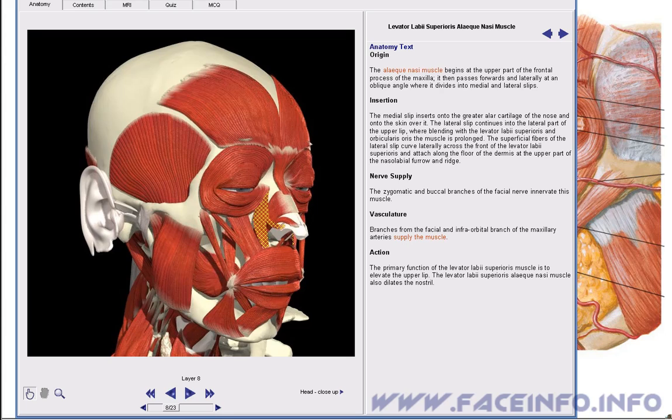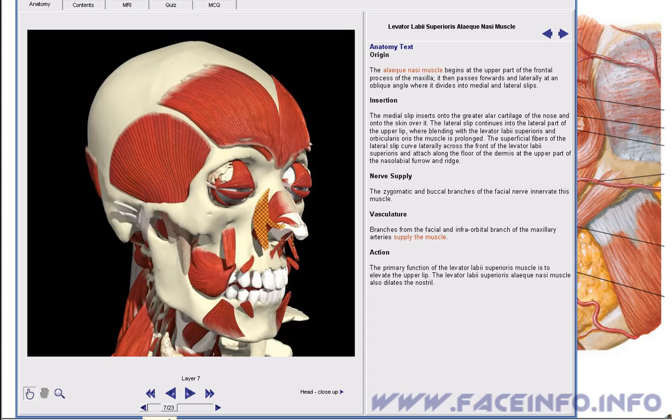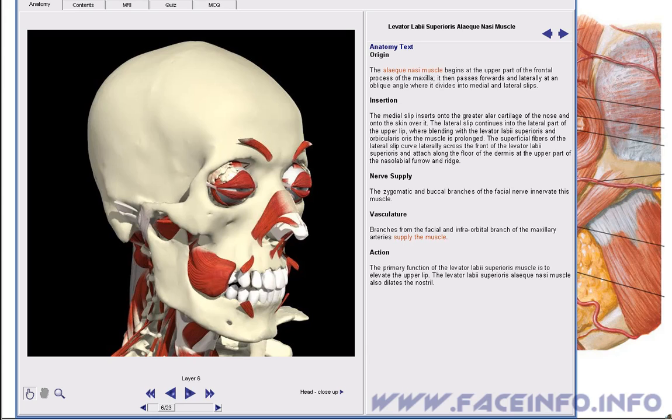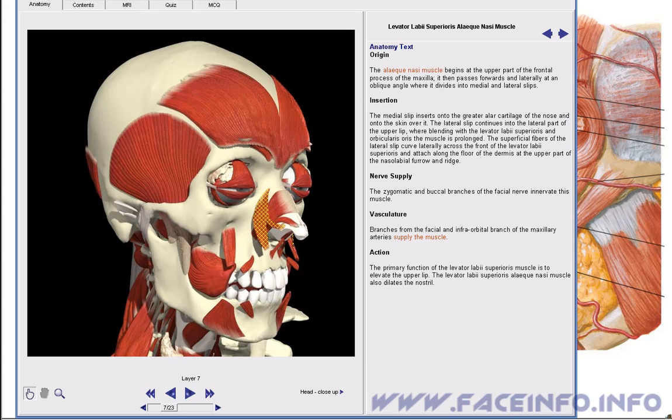So, and this muscle is called the levator labii superioris alaeque nasi muscle. It begins at the upper jaw, at the upper part of the frontal process of the maxilla. Then it passes forwards and laterally at an oblique angle where it divides into medial and lateral slips.